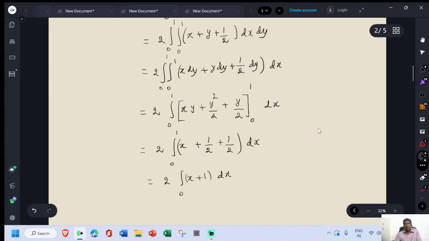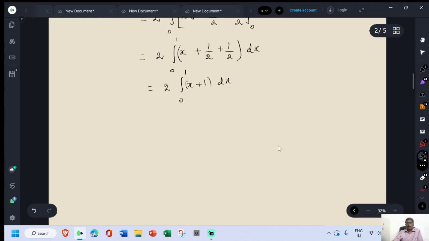Now the limit is varying from 0 to 1. If you take our integration process, integral x dx plus dx, limit varying from 0 to 1, is 2 into x dx is x square by 2.